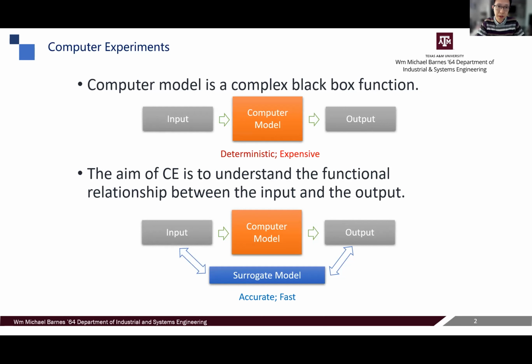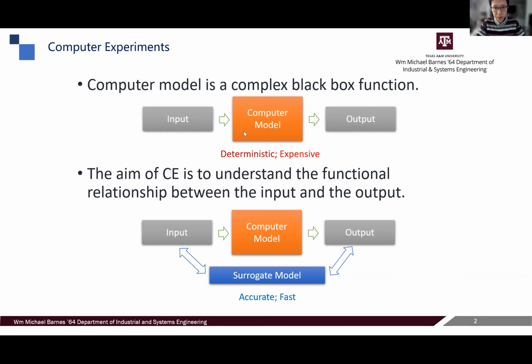Basically, computer experiments refer to the experiments taking place on the computer simulation models. Each computer simulation model is, from our point of view, regarded as a black box function. You put an input into the computer model and the computer model will give you an output after it finishes its computation.